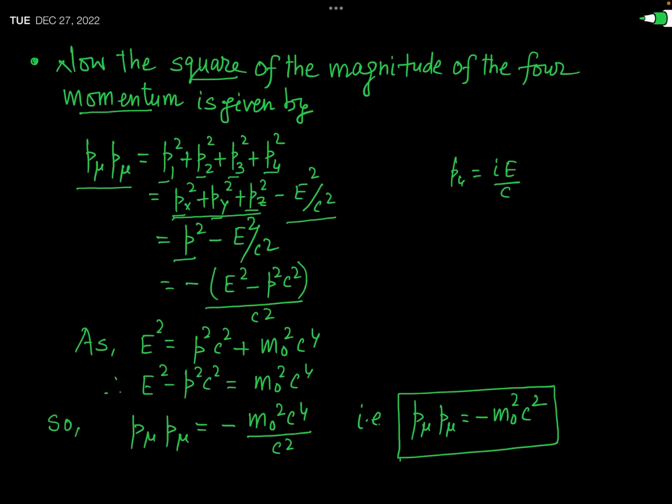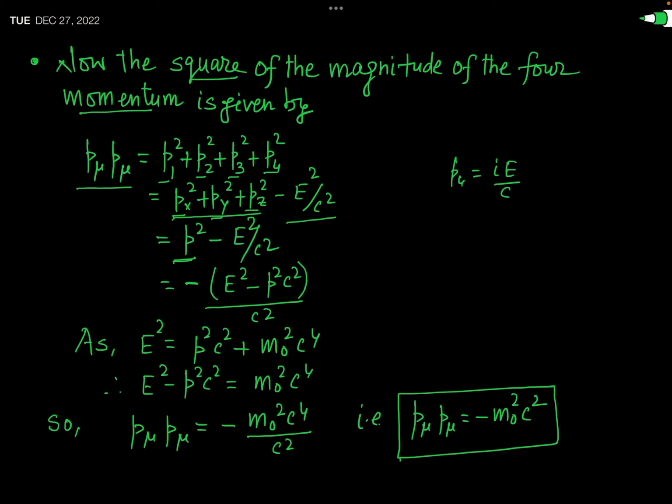So this expression can be written as P square minus E square over c square. Now let us take the LCM. This will be P square c square minus E square divided by c square. If you take minus as a common factor, then this expression will be minus E square minus P square c square over c square.